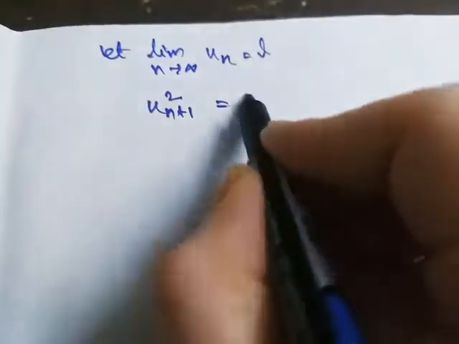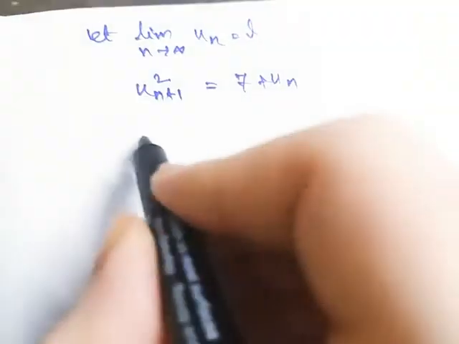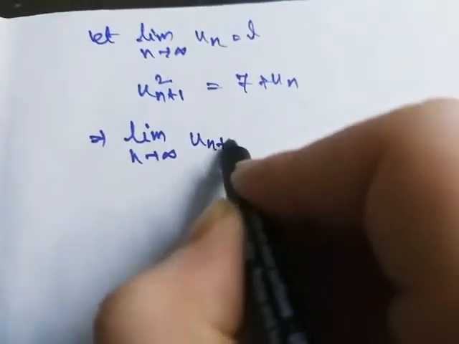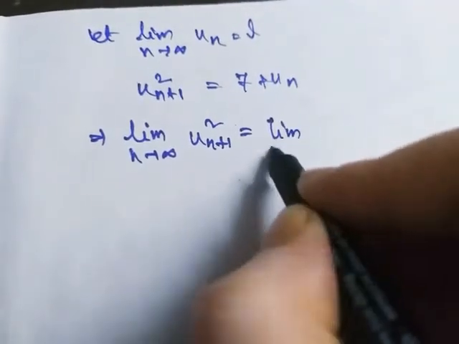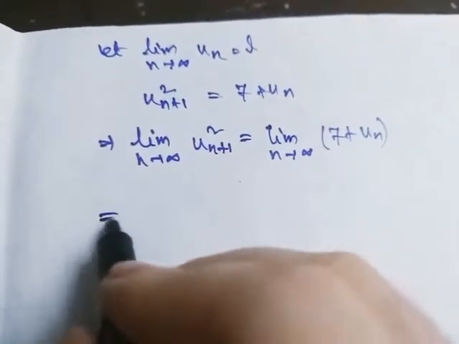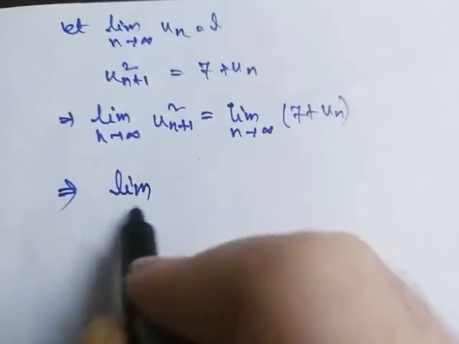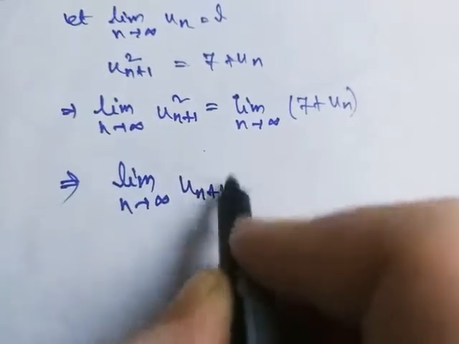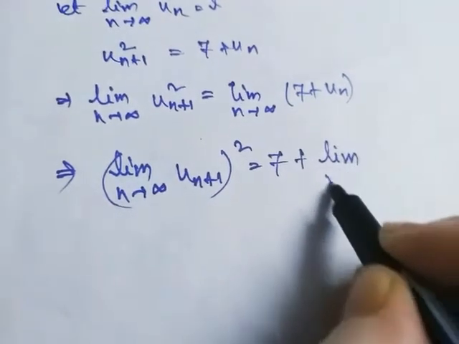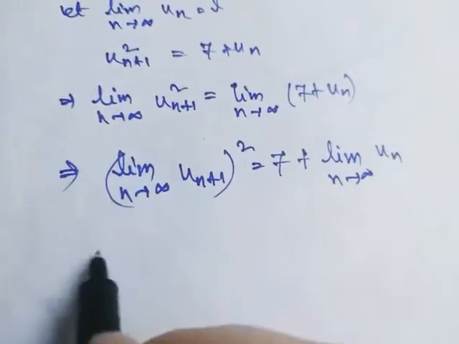Let limit n tends to infinity u_n equals L. Then u_{n+1} square equals 7 plus u_n implies limit n tends to infinity u_{n+1} square equals limit n tends to infinity of 7 plus u_n, which implies limit of u_{n+1} square equals 7 plus limit of u_n.